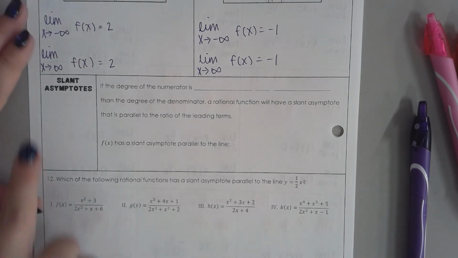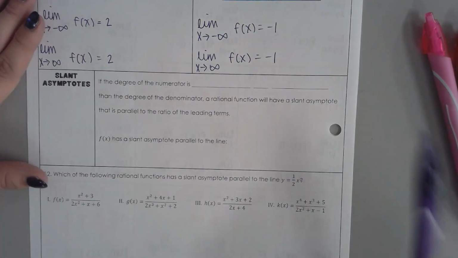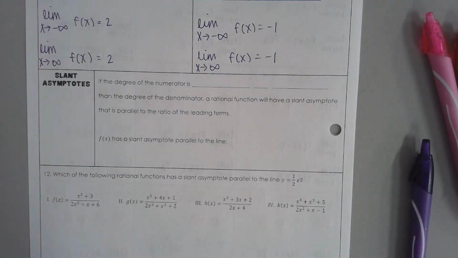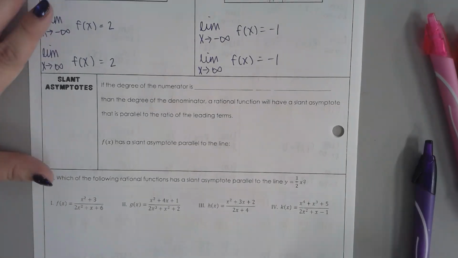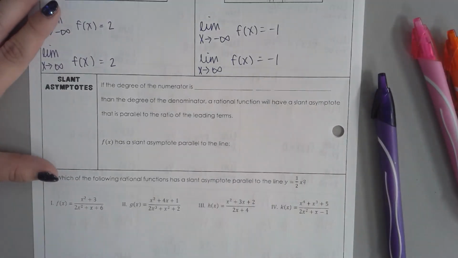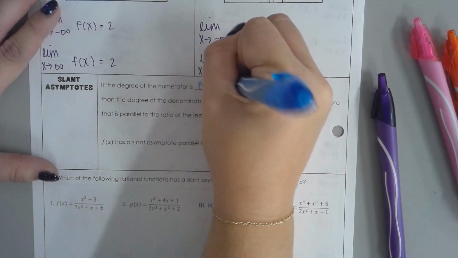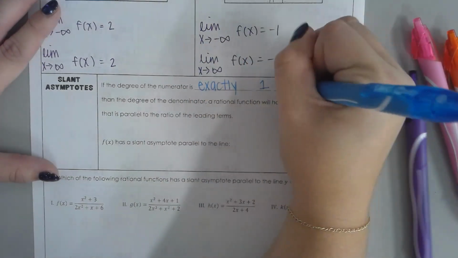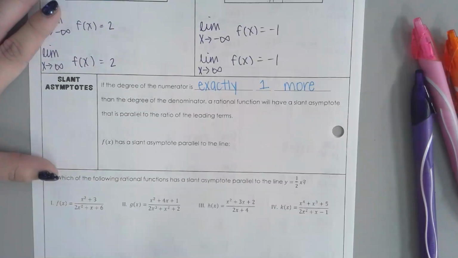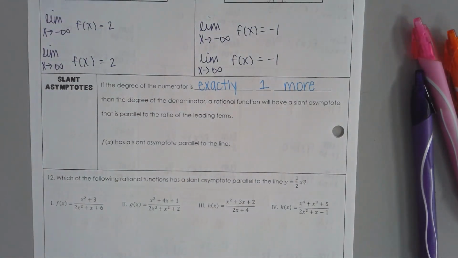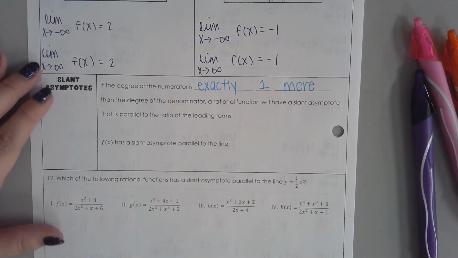So a slant asymptote, you have one of these if the degree of the numerator, so the degree of the top, is exactly 1 more than the degree of the denominator. So like if you have an x to the 5th over x to the 4th, or an x squared over an x, that would give you a slant asymptote.